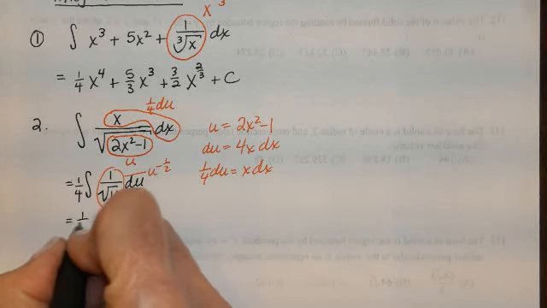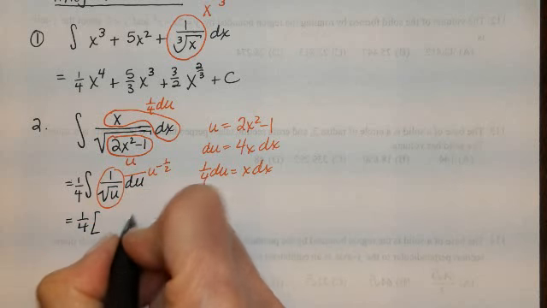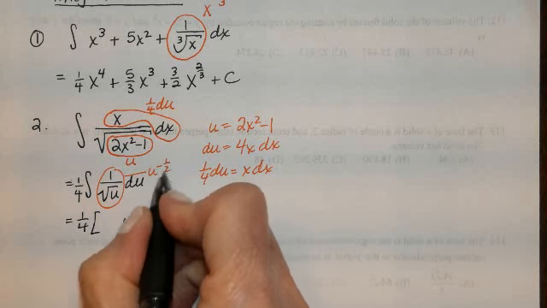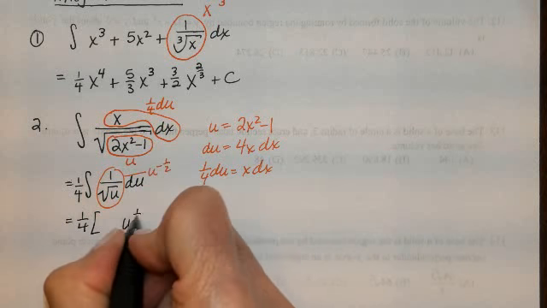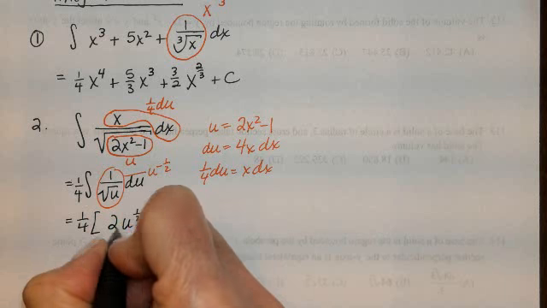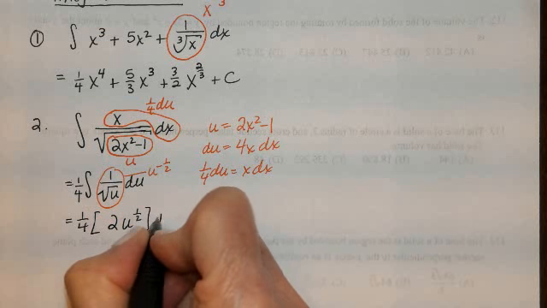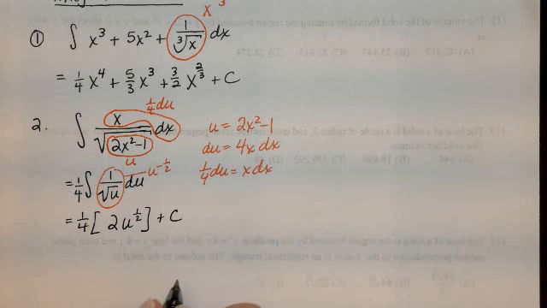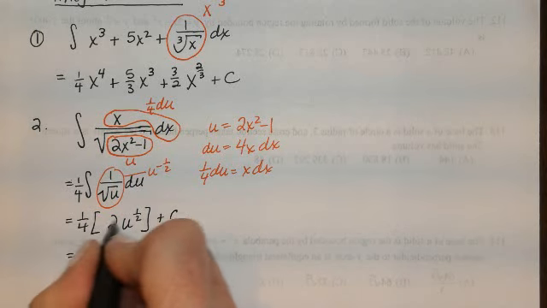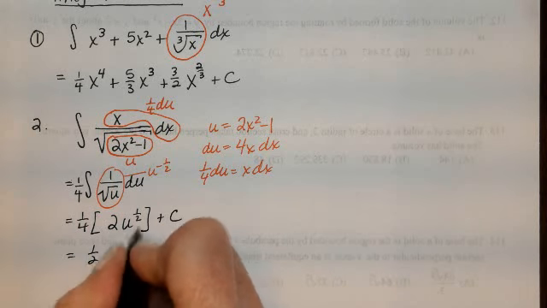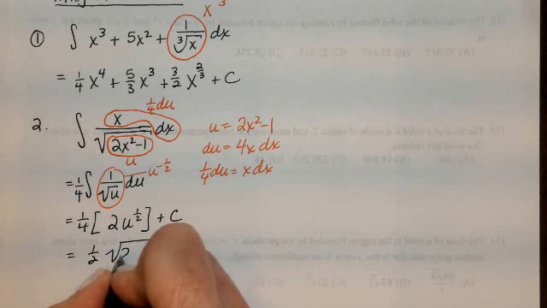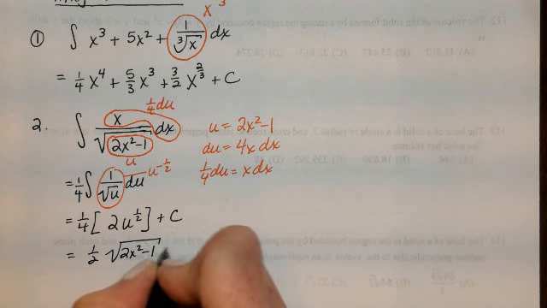So we'll have 1/4 u to the, raise your power by 1, divide by the power, plus c, and then the last step is just to go back to your x's. So 1/4 of 2 is 1/2, and then we'll have the square root of 2x squared minus 1 plus c.